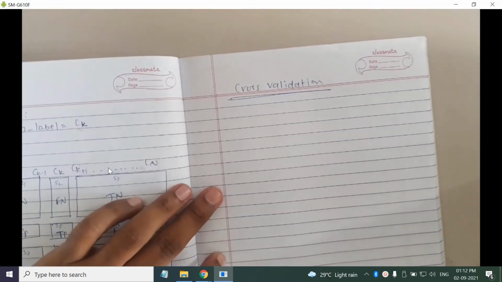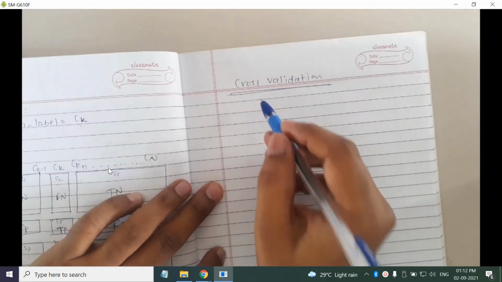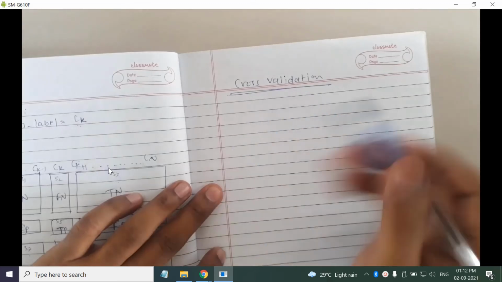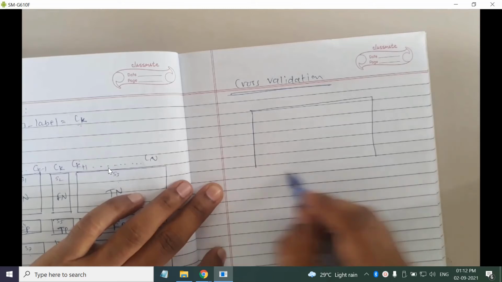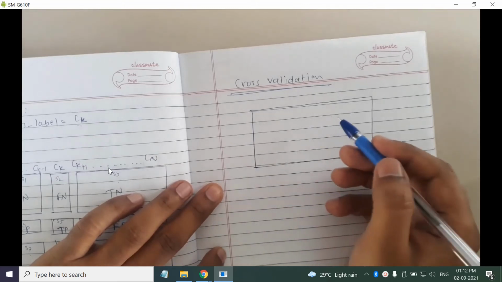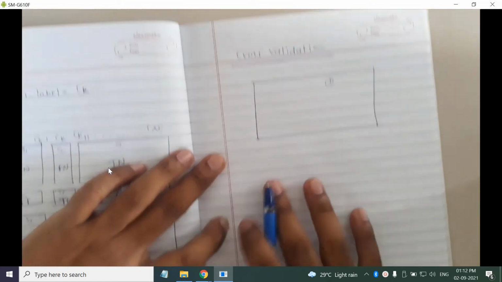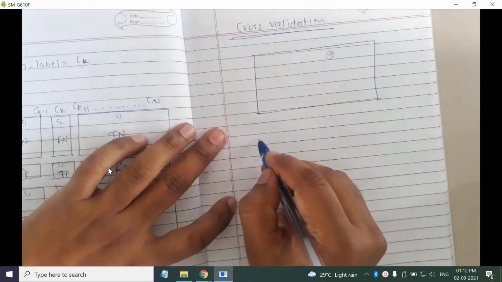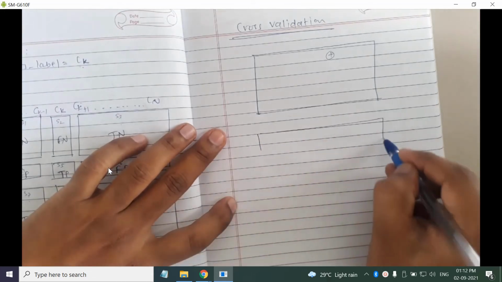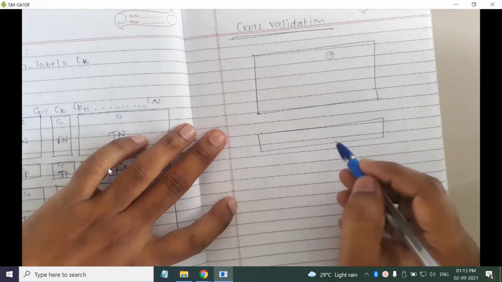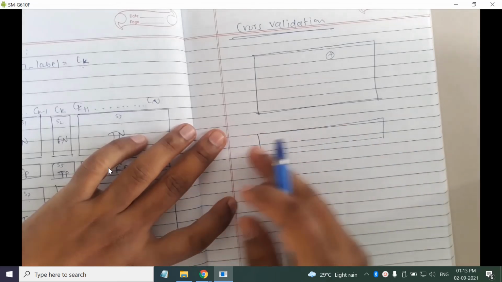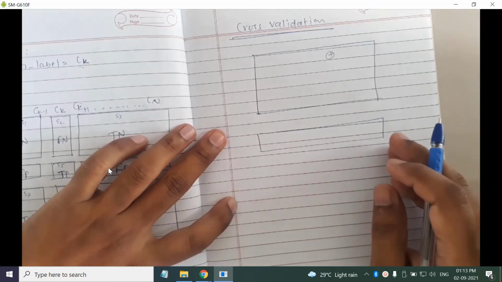Then next is the cross validation concept. This will be clearer through one example. So again, a two class problem. Consider a case of supervised learning. When we have labeled data, we generally don't use the entire data for training our model.